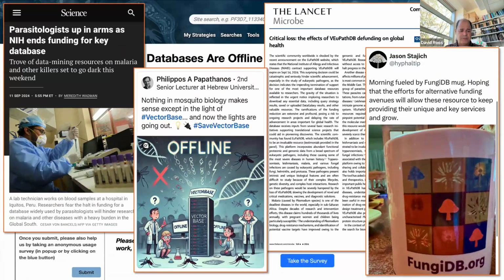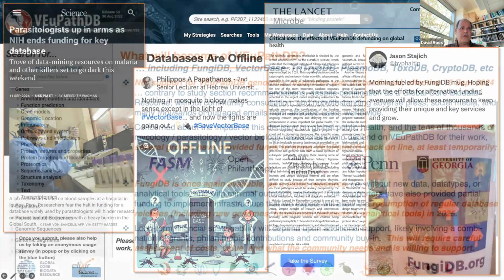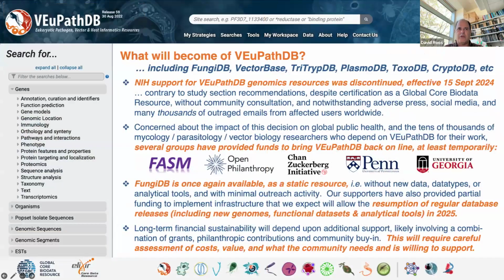scientific press. But fortunately, through the generosity of a variety of groups who are concerned about the impact of this decision on global public health, we have been able to bring resources back up online. These resources are not cheap. The cost of maintaining VEuPathDB purely as a static resource without any new data provided is on the order of $600,000 per year in direct costs.